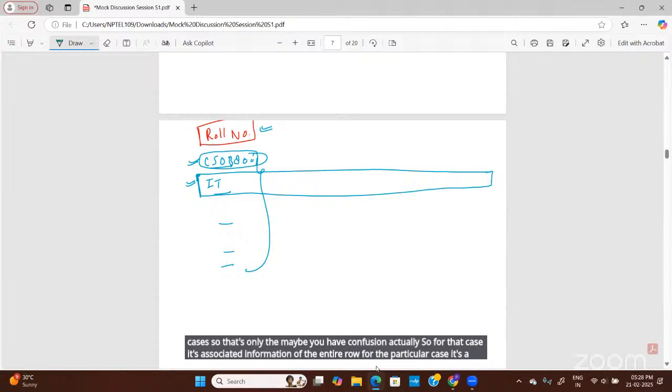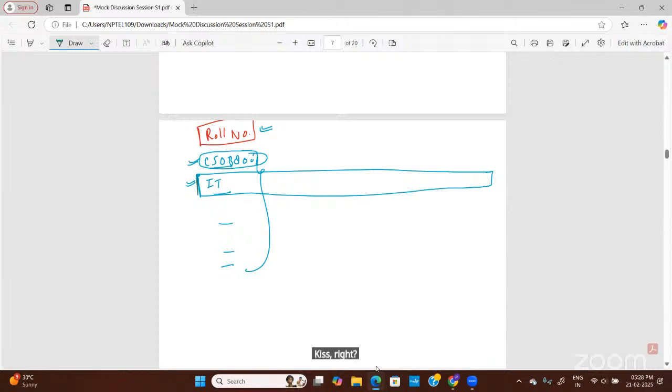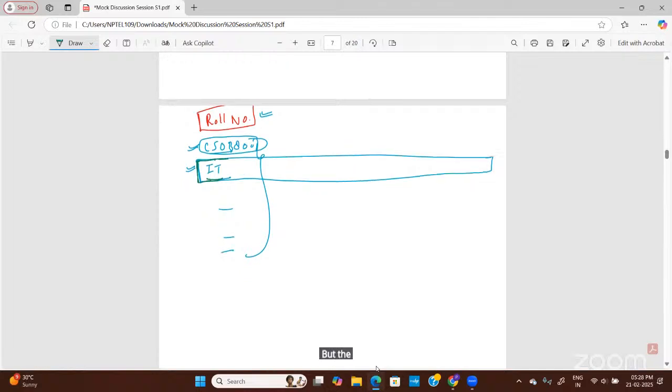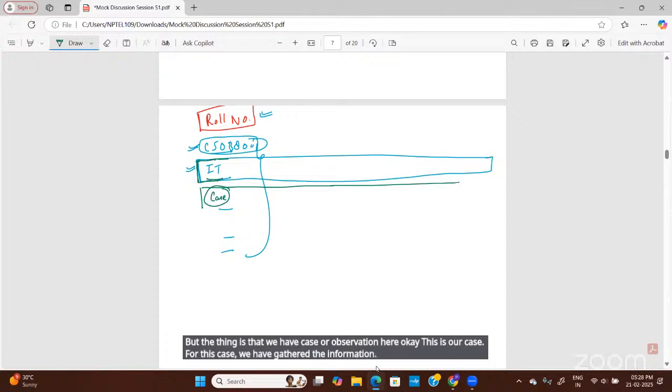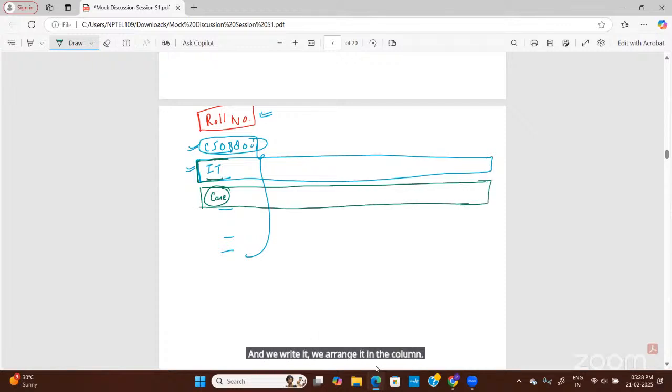I don't know what you are interpreting with this line, but the thing is that we have a case or observation here. So this is our case. For this case, we have gathered the information and we arrange it in the columns.